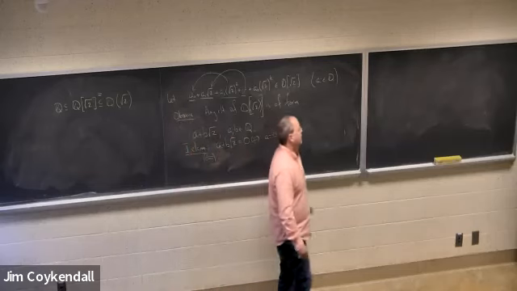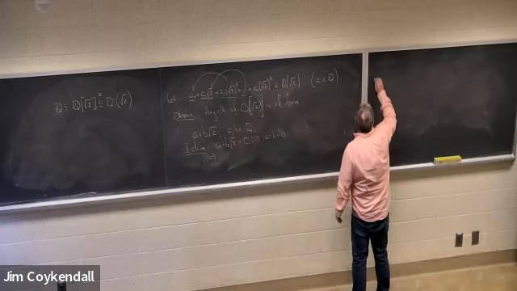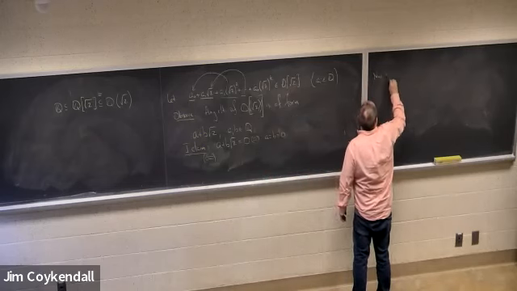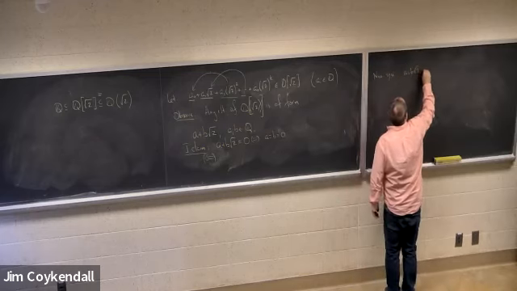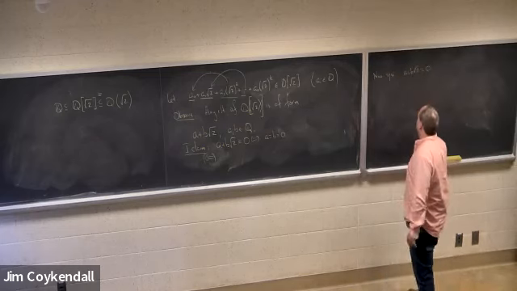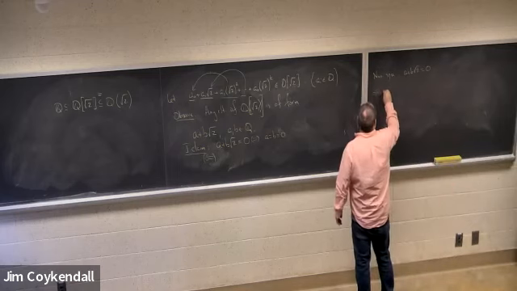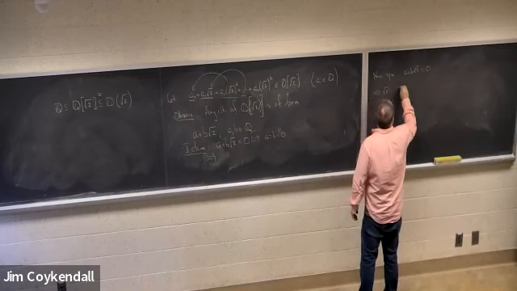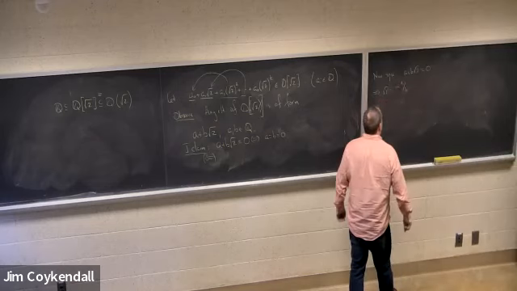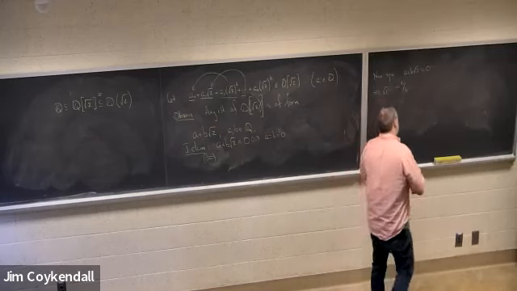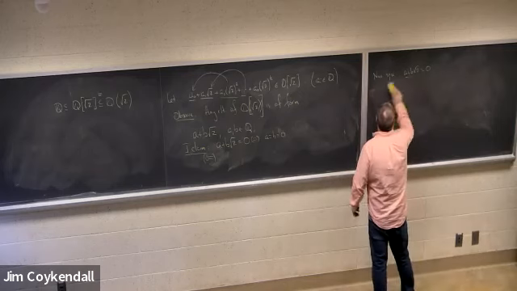On the other hand, suppose A plus B radical 2 equals 0.